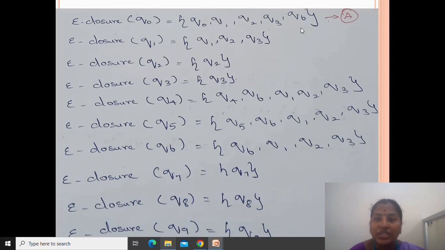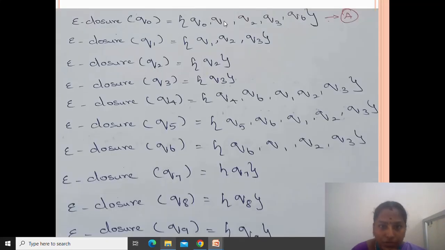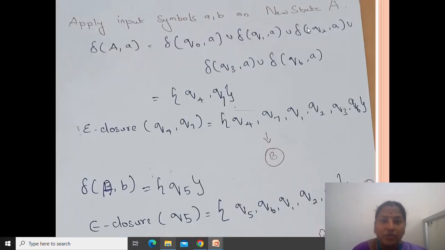First we will consider the new state capital A. For that we apply the input terminals a and b. The members of the new state A are q0, q1, q2, q3 and q6. On input a, it is the epsilon closure of δ(q0,a) union δ(q1,a) union δ(q2,a) union δ(q3,a) union δ(q6,a).